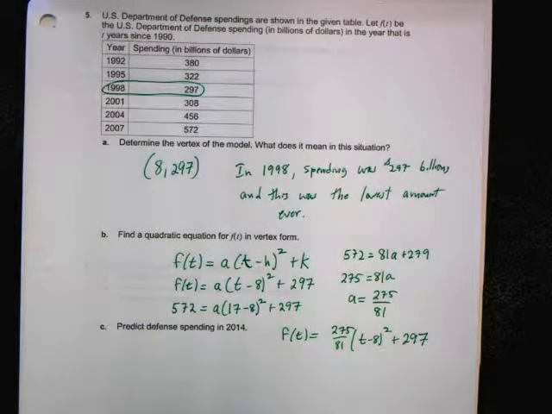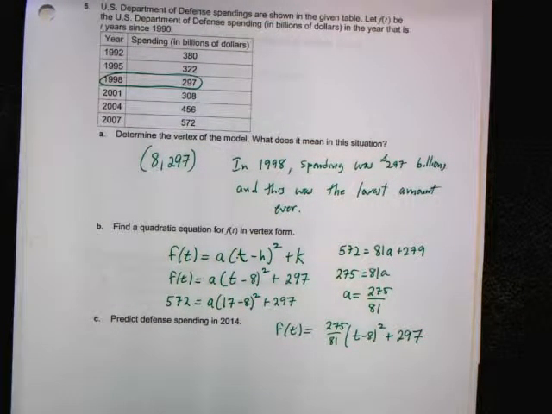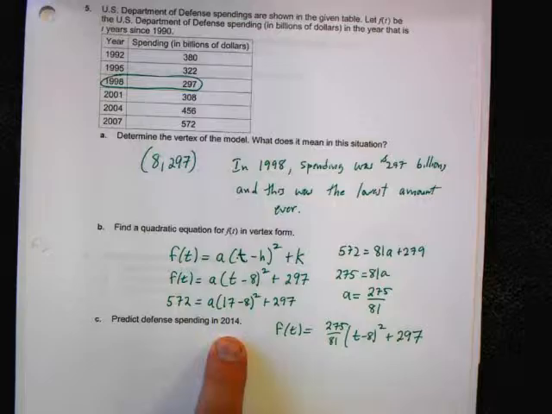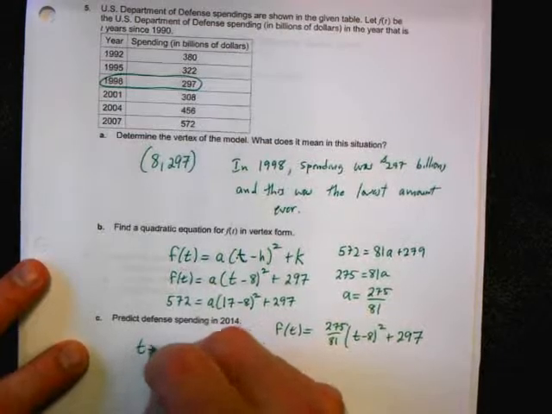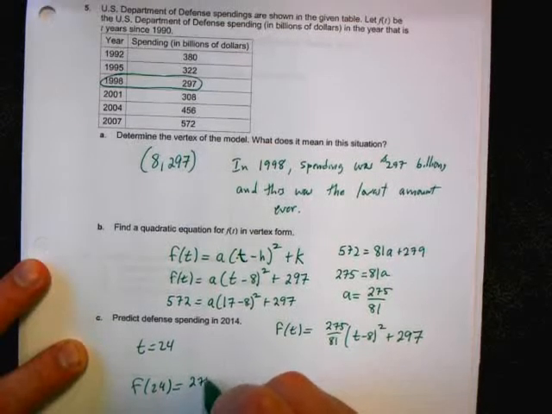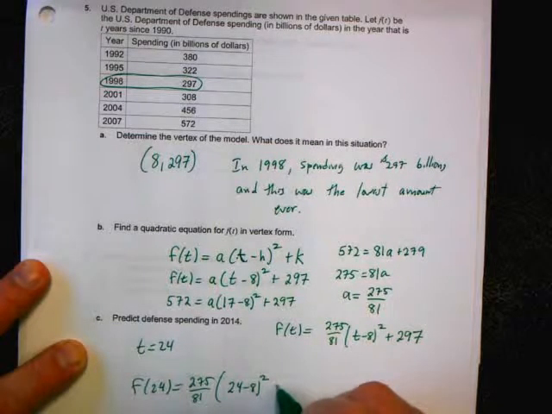That was the hard part. Once you get that part done, part C should be pretty easy. How do you find the defense spending in the year 2014? Well, that's a year. We started in 1990. How far away is 2014? 24 years. So we're going to plug in t equals 24. Answer is f at 24 is 275 over 81 times 24 minus 8 squared plus 297.